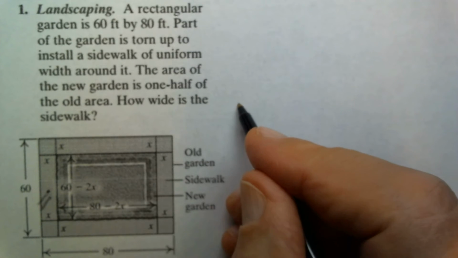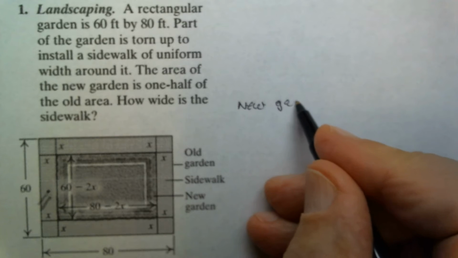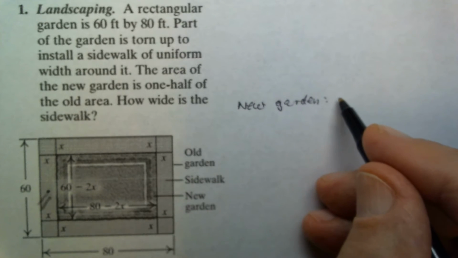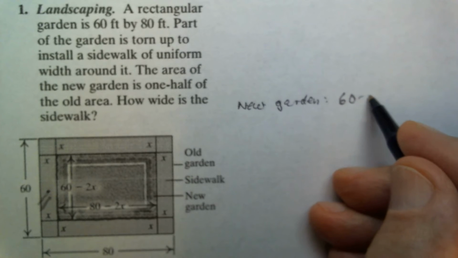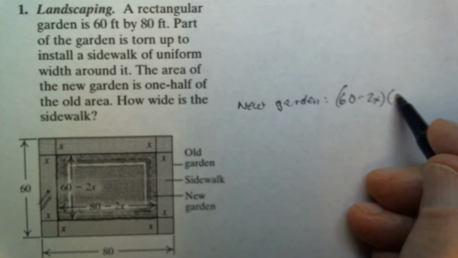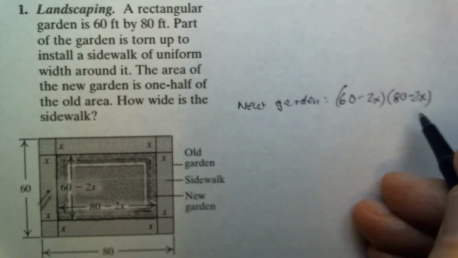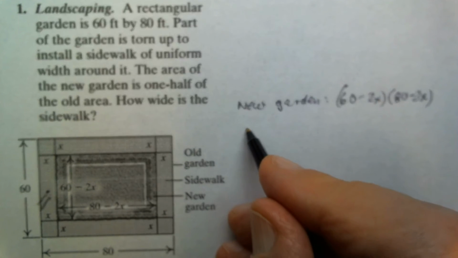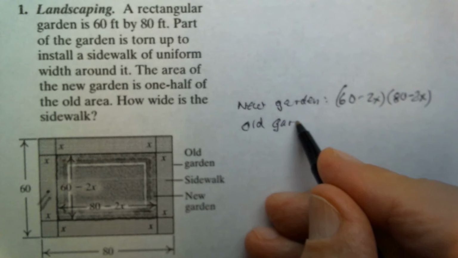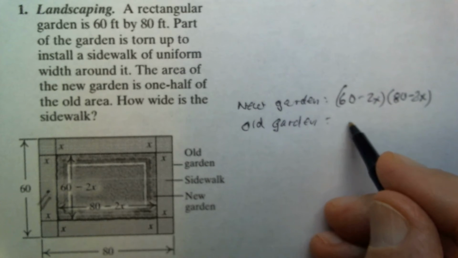So new garden is 60 minus 2x times 80 minus 2x. And the old garden is equal to 60 by 80 feet.